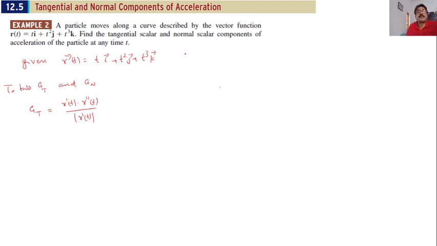We have r(t) equal to this, which implies r'(t) is, differentiating, we get i + 2t j + 3t² k, the derivative of t² being 2t and of t³ being 3t². And also r''(t), again differentiating, is 0 i + 2 j + 6t k.